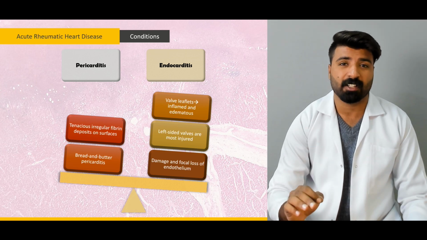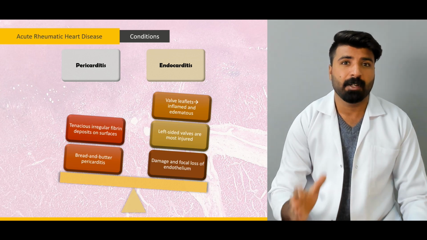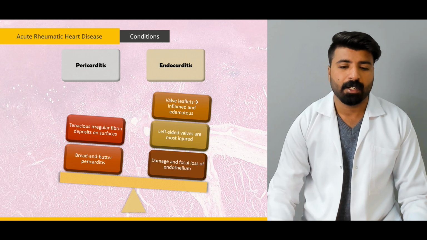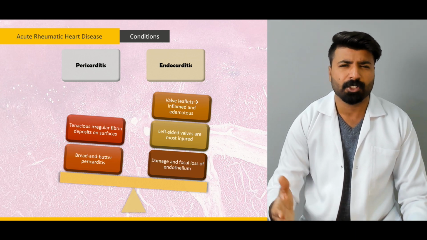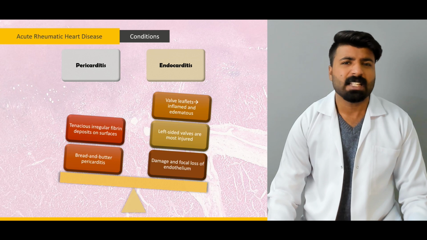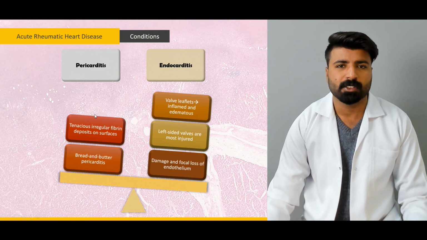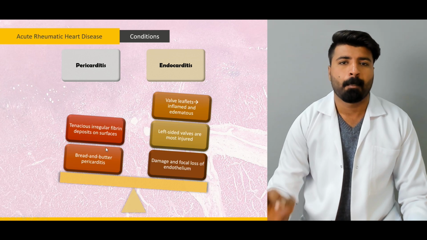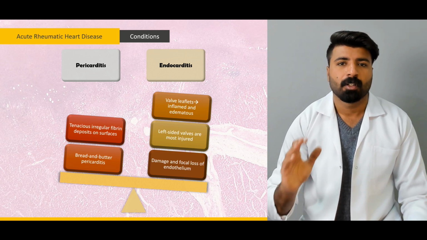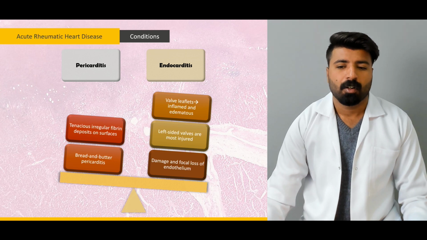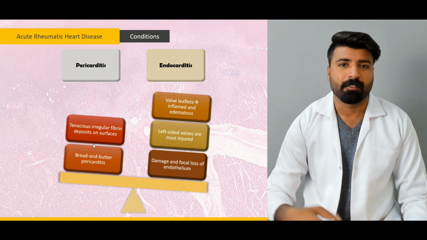It's going to affect the heart. It causes the tenacious irregular fibrin deposits on the surface. And yes, it also causes edema, but not that markedly, not that visible, not that clinically affected.